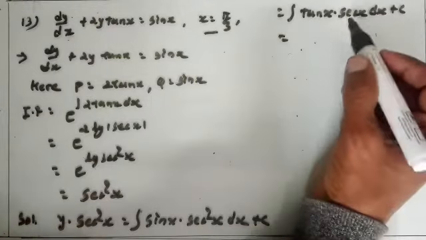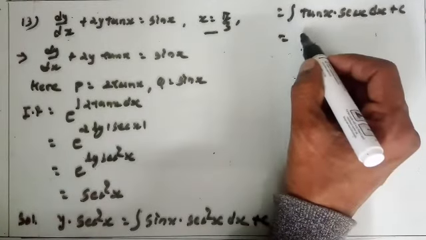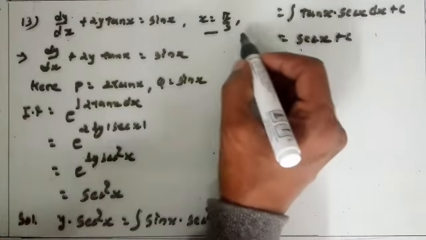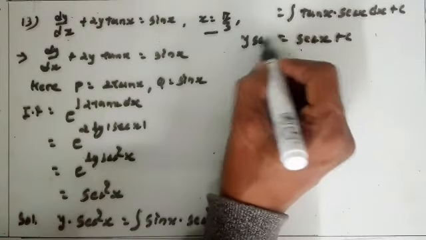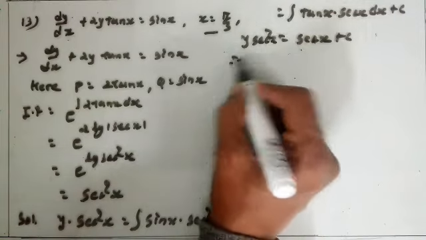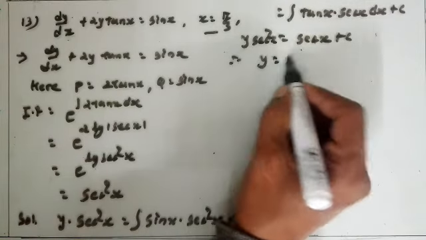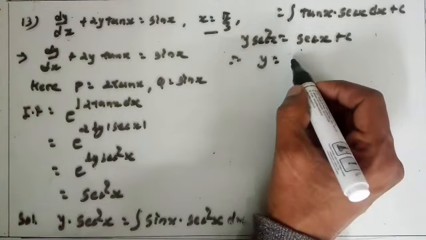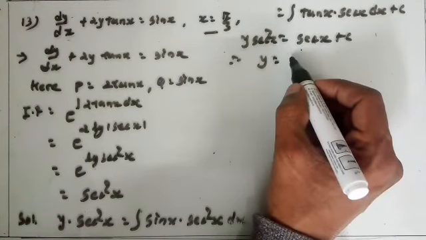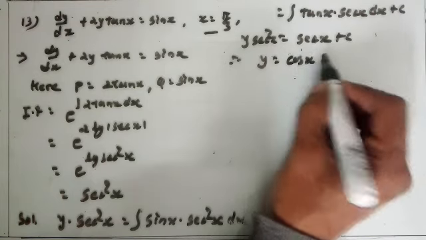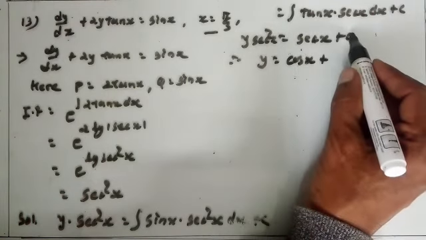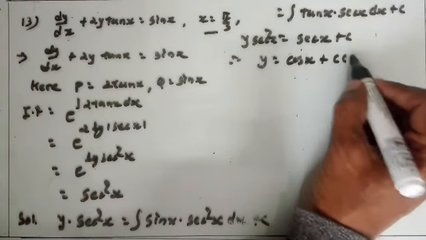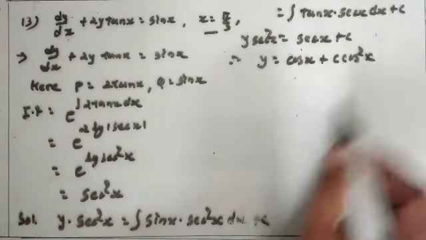The integration of this is sec x plus c, equal to y into sec square x. Now dividing by sec square x, we get y is equal to sec x upon sec square x, that is 1 upon sec x, which is cos x, plus c upon sec square x, that is c into cos square x.